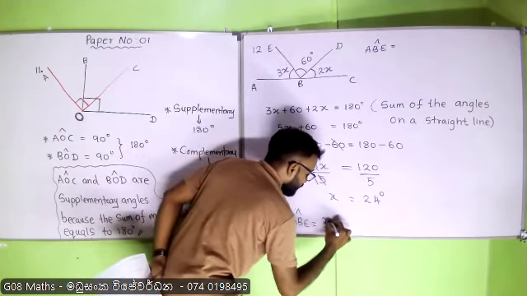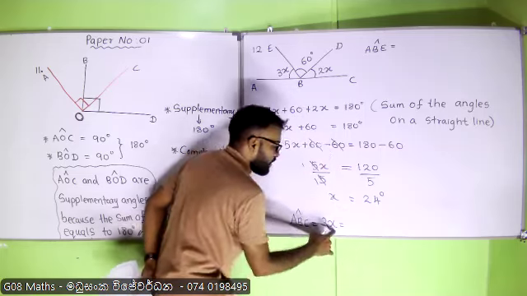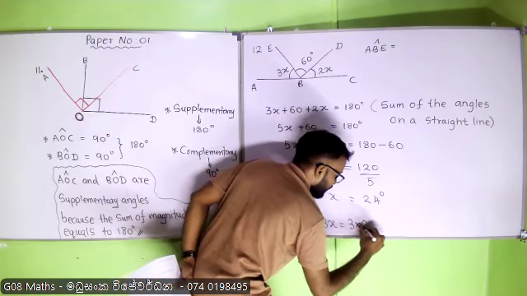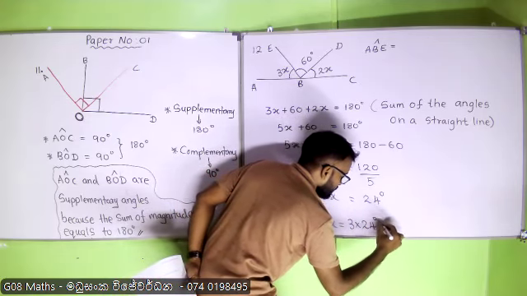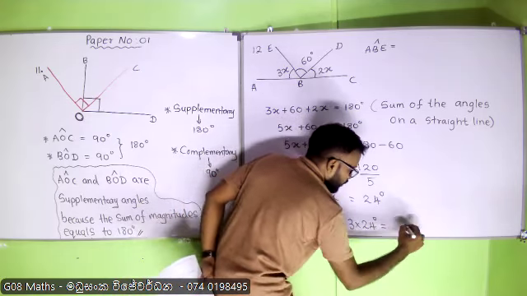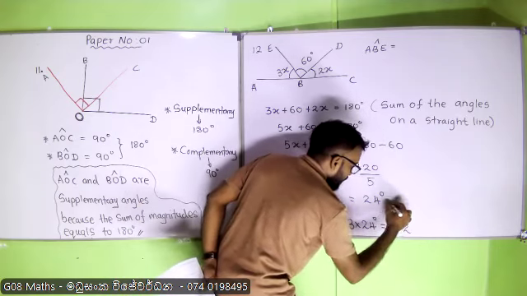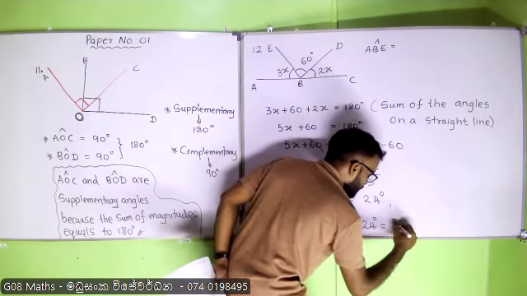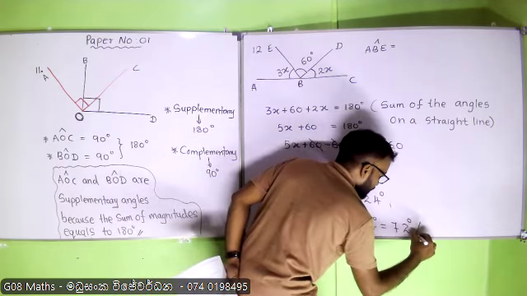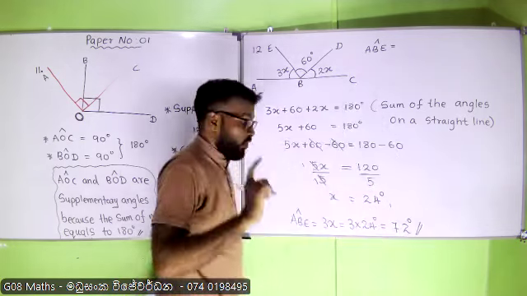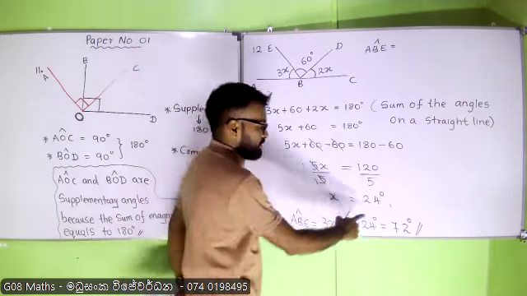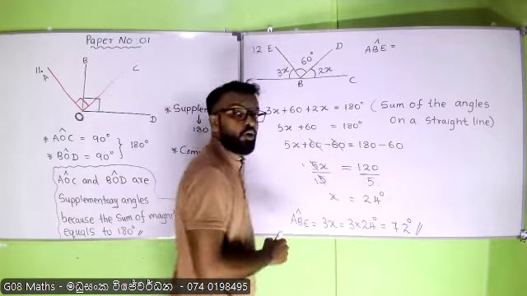Yes, 3x. You know the value of x. 3 into 24 degrees. 3 times 4, 12. Remainder is 1. 3 times 2, 6. 6 plus 1, 7. 72 degrees. So the value of ABE angle is 72 degrees. So this is what they are asking.